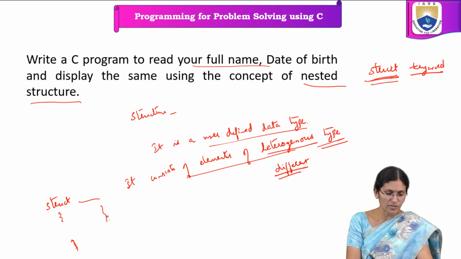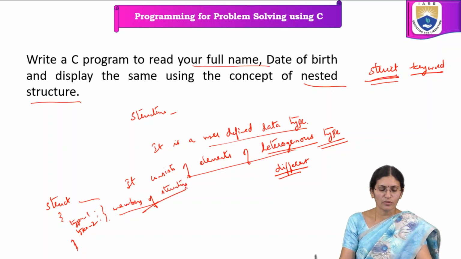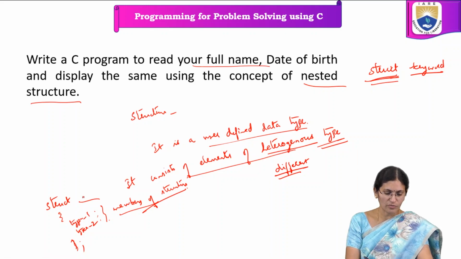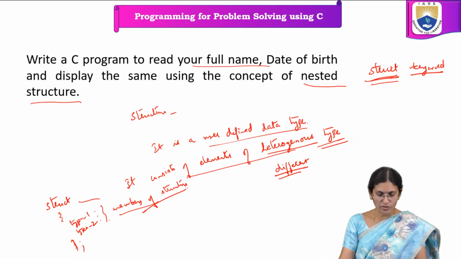These variables inside the structure are called members of the structure. At the end we put a semicolon. We can declare the structure variable right after the struct declaration, or inside the main function, similarly as we declare any variable.